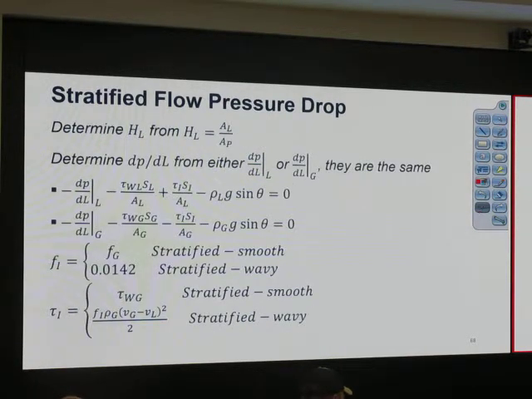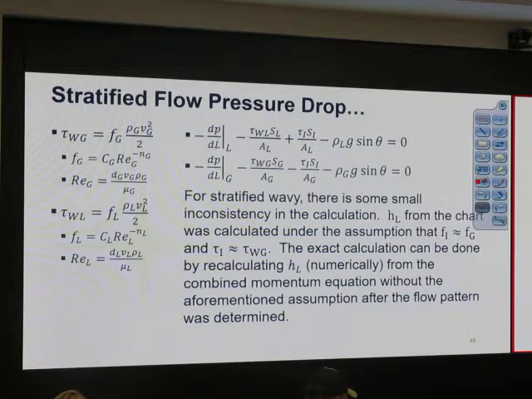You can understand why I cannot test you on that, because it's very long. Basically, you calculate the actual velocity, and from the actual velocity we calculate shear stress. Put shear stress into one of these equations, then we get the pressure drop. This is for steady state, pressure drop calculated for the stratified flow case.